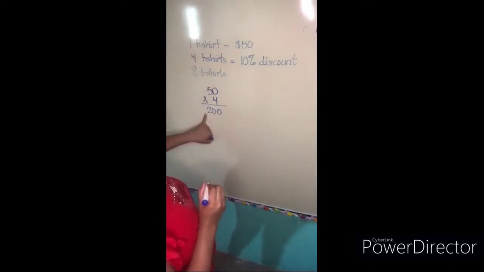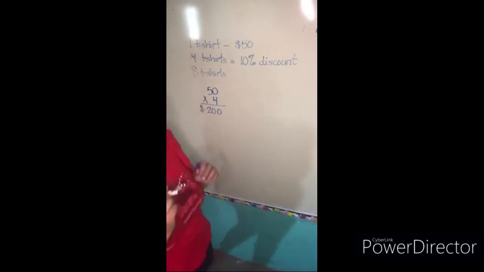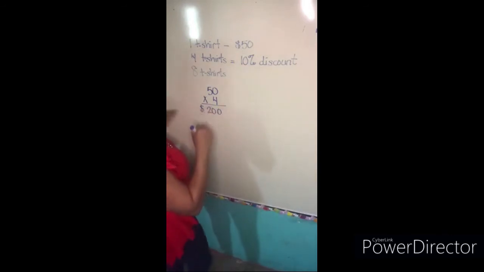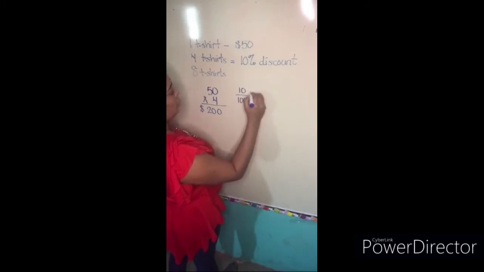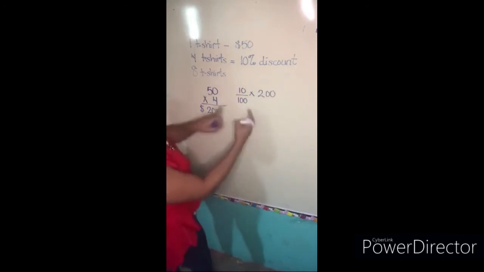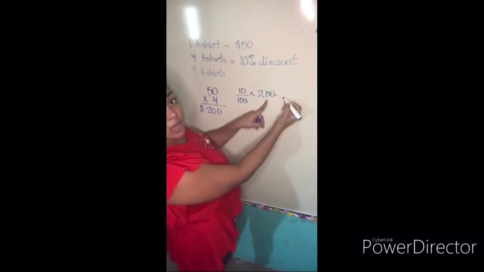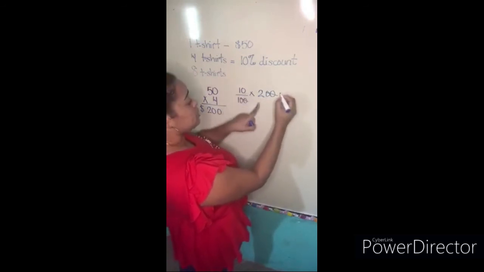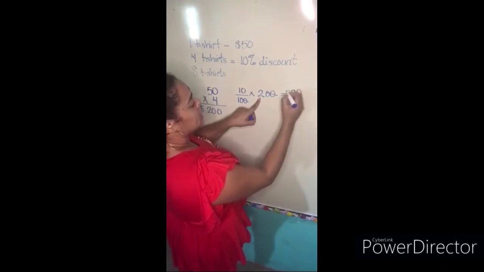So 4 shirts will cost us $200 without the discount. But they're giving us a 10% discount. So we need to find what is 10% of 200, right? We have 2 zeros here and 2 here. So we're going to cancel that off. And we're left with 10 times 2, which would give us $20.